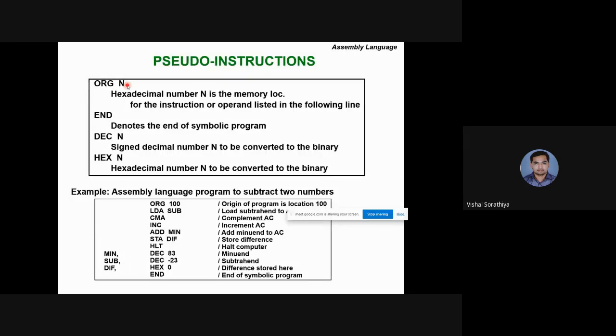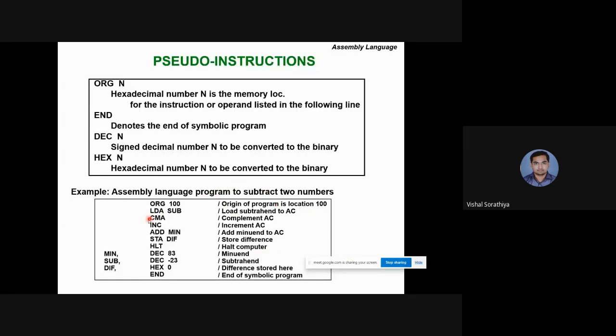Okay, so that is going to be a pseudo instruction, as well as END, which denotes the end of the symbolic program, DEC for a signed decimal number N to be converted into binary, and HEX for a hexadecimal number N to be converted into binary. So these are pseudo instructions applied directly on the number or on the memory location.